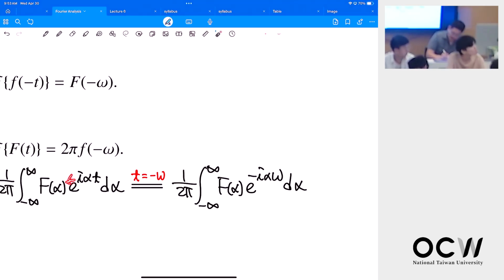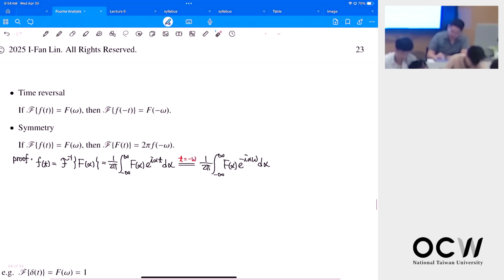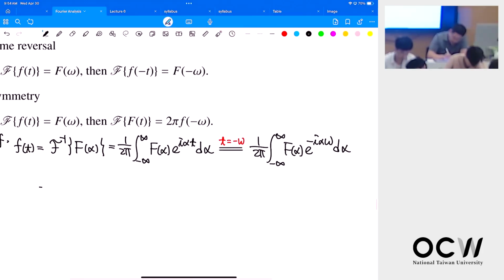So t becomes minus omega. Next step, I change alpha to t. So now alpha equals t.